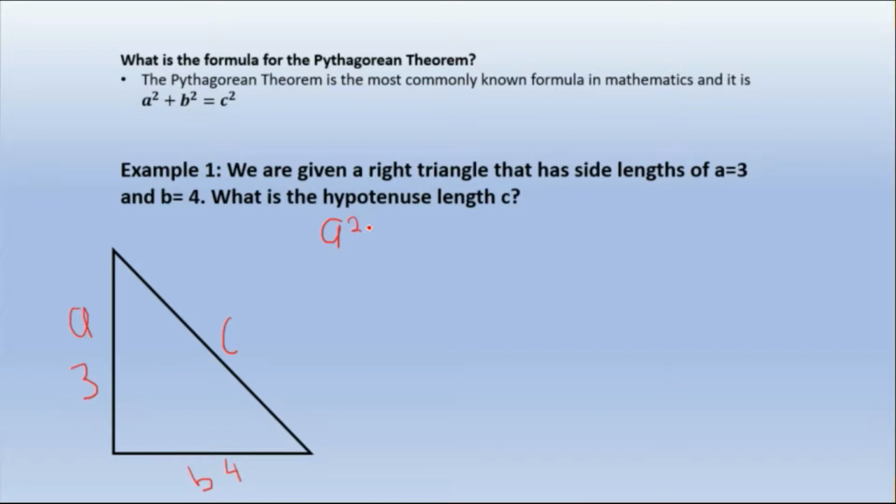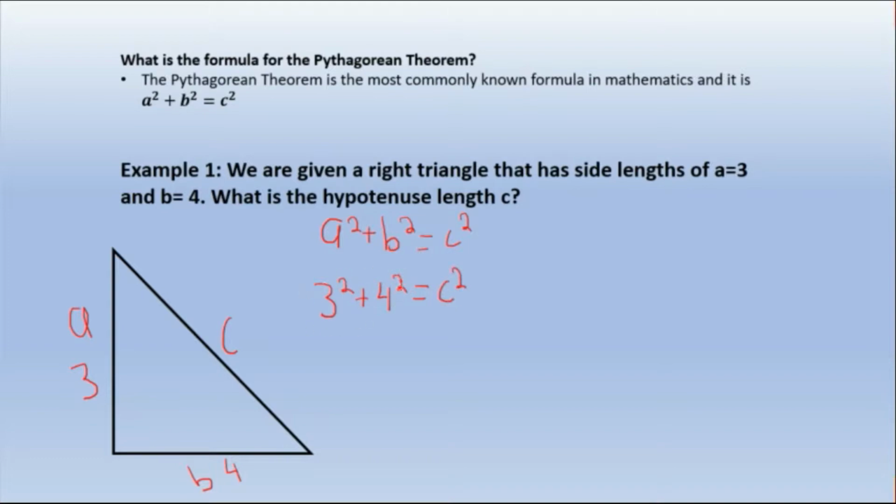A squared plus b squared equals c squared. And a is 3, so let's put in 3 here. So we have 3 squared. 4 is b, so put in 4 here, squared. And we don't know what c is yet, so we're just going to leave it at c squared.